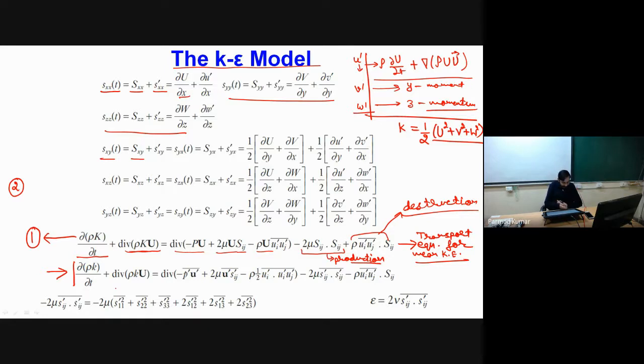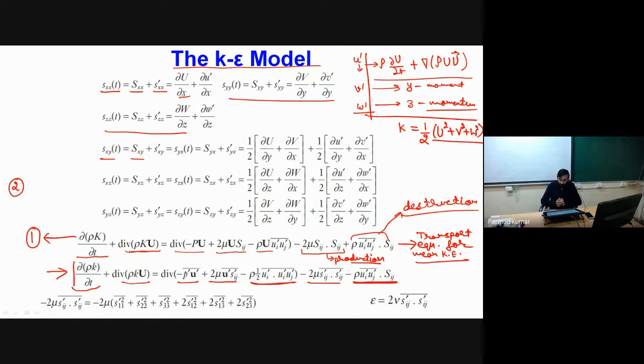In this transport equation, this is the temporal evolution of turbulent kinetic energy. This is the convective term. This is pressure. Once again, viscous stress. This is the Reynolds stress contribution. This is the production term, and this is our destruction term, which represents the rate of destruction of turbulent kinetic energy.